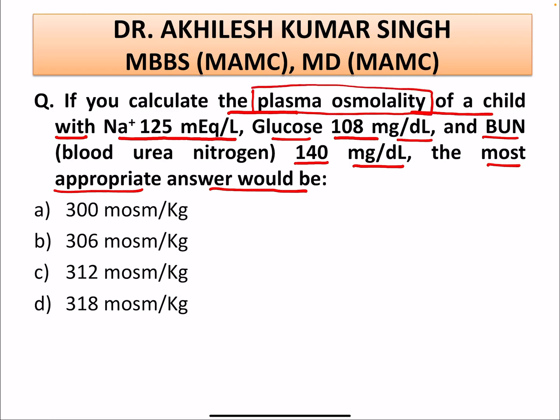The sodium value, the plasma glucose value and the blood urea nitrogen value are given, and on the basis of these three values we have to calculate the plasma osmolality.